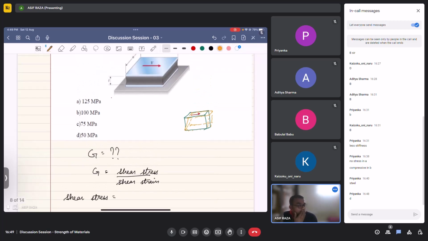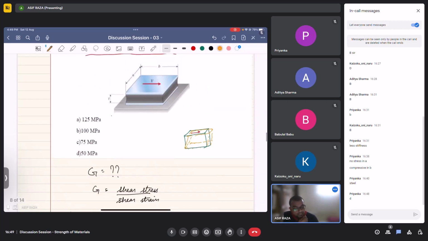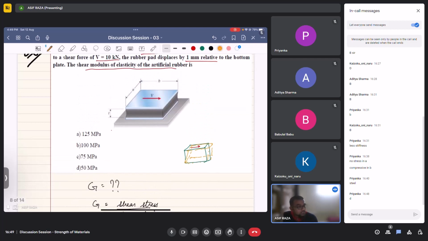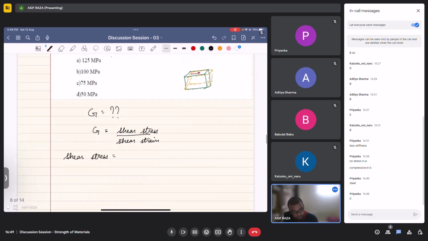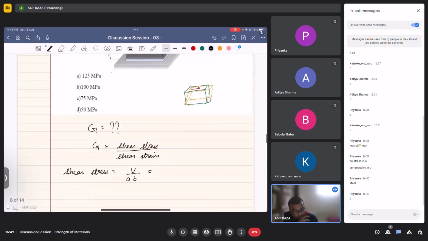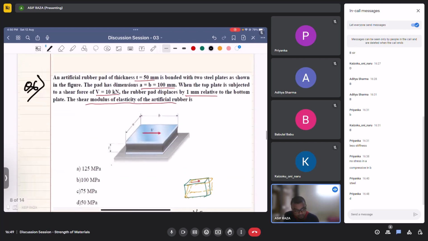Shear stress would be the shear load upon the area on which it is applied, and that would be equal to V upon AB.